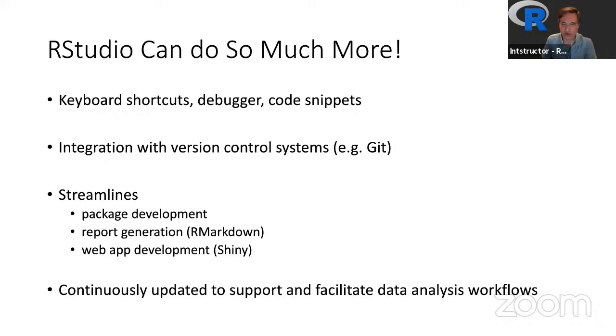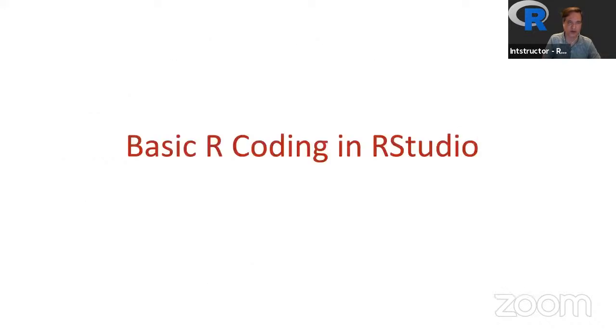If you are familiar with version control systems like Git or Subversion, RStudio can interact with those. That's a more complex topic, so don't worry if that doesn't make sense. It streamlines the whole process of writing code. You can develop packages in RStudio. You can write interactive, reproducible reports and web apps, and it's constantly being updated. So there's a ton there. We're just going to scratch the surface, but you can really dig in.